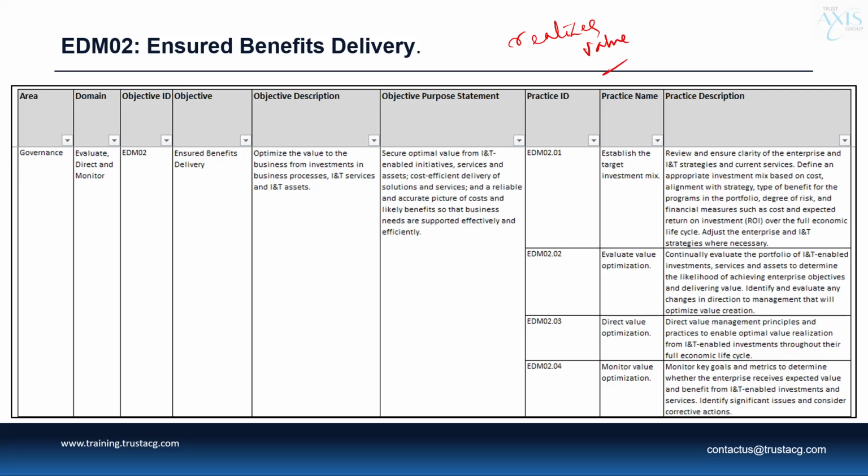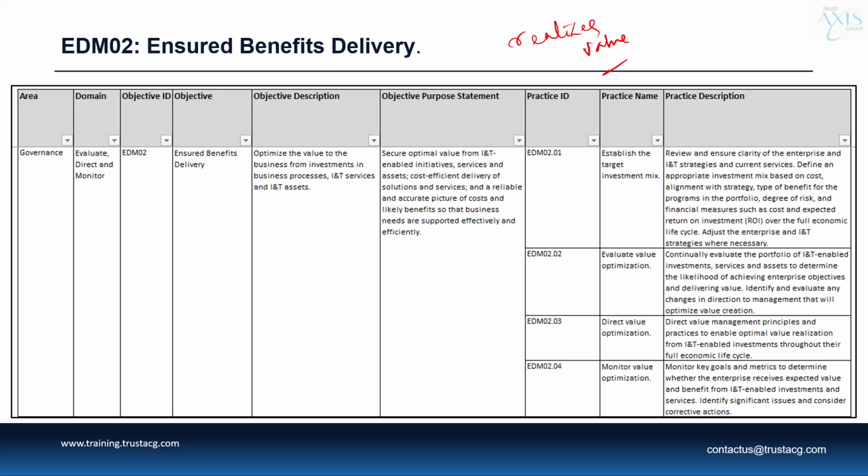So, in other words, while the previous governance objective that we discussed in the other session, EDM01, strives to ensure that the right governance structures are in place, this particular one ensures that the right outcomes are in place. For every dollar invested in IT, it must deliver a measurable business value.